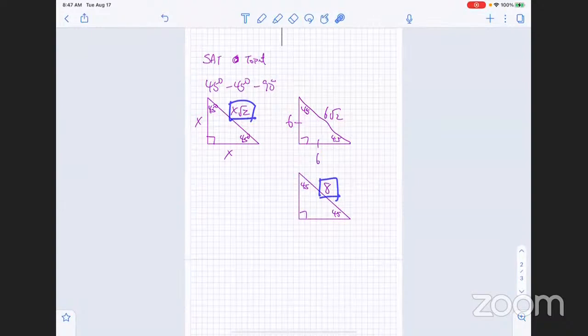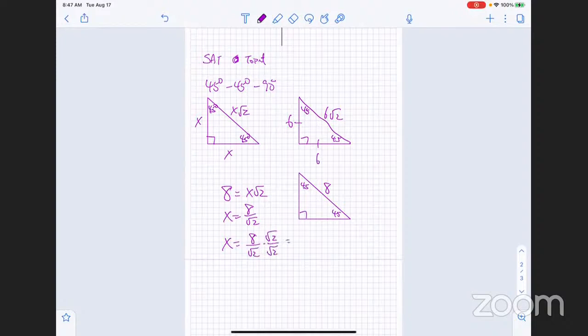Does that make sense? Because the hypotenuse, you set them equal to each other. So 8 equals x square root 2. So x equals 8 over square root 2. You rationalize because you don't want the square root in the denominator. So it'd be 8 square root 2 over 2. Cancel out: 4 square root 2. So this one's 4 square root 2.